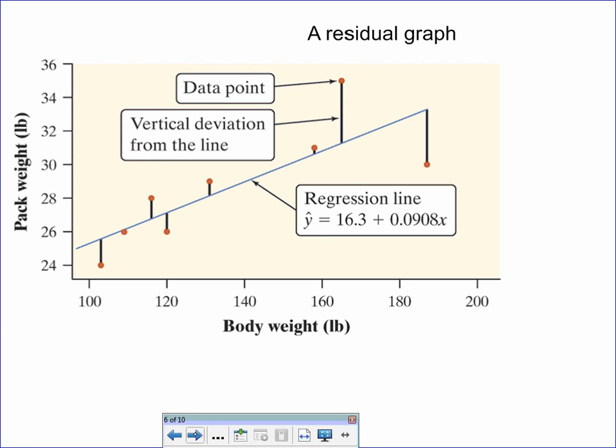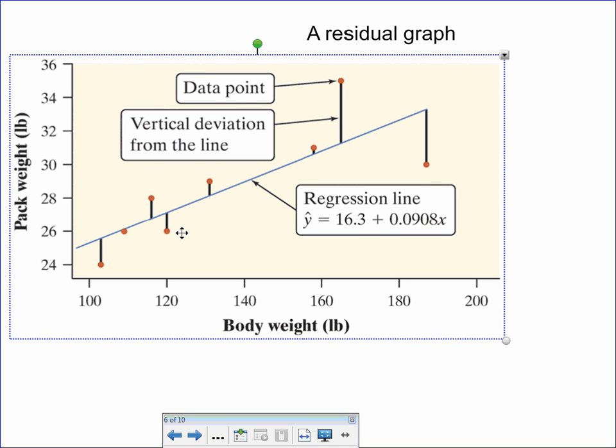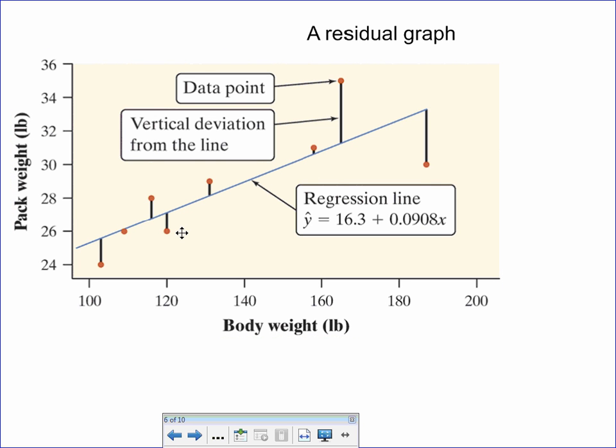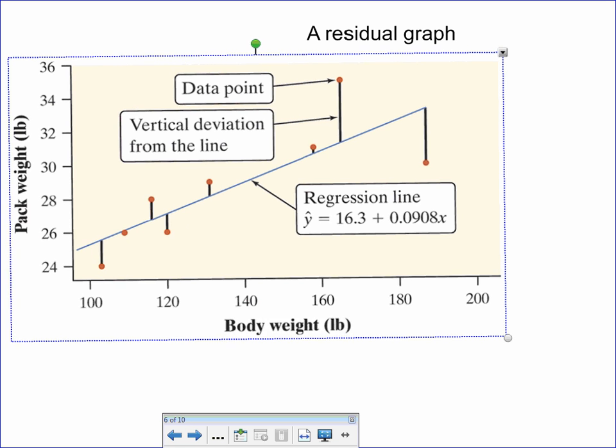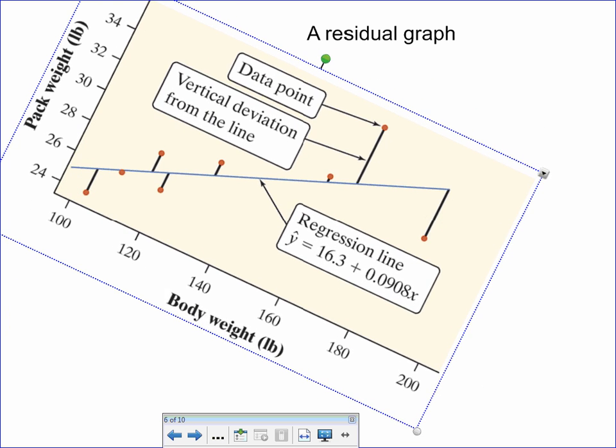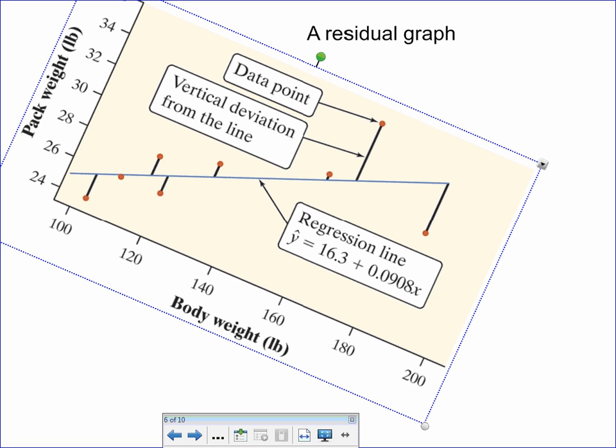The other thing that eventually we're going to get into is we're going to look at the graphs of the residuals. A residual graph looks like this, where instead of graphing the data, we graph the residuals. And when you do that, your regression line becomes the x-axis, and we're just looking at how much above or below.